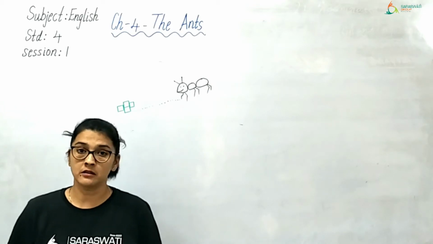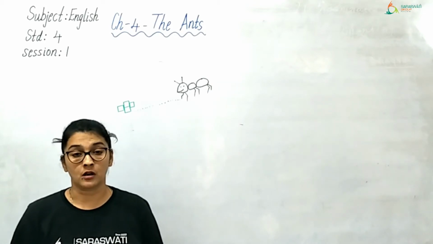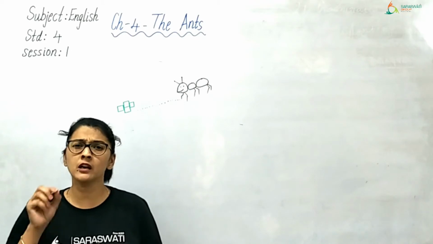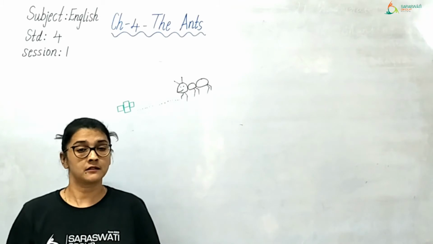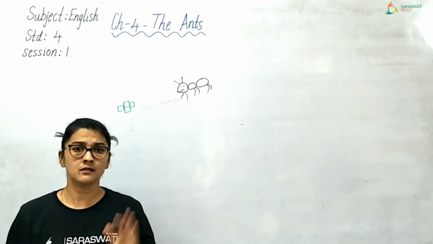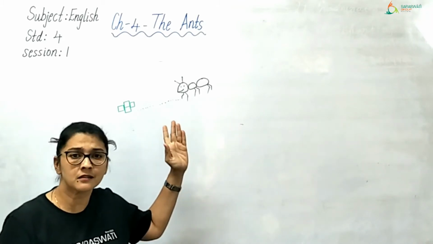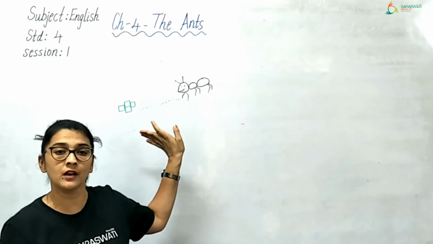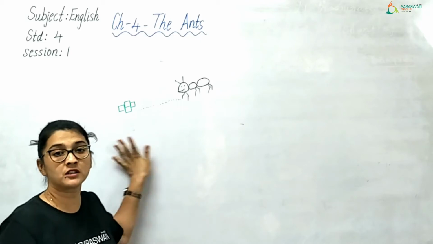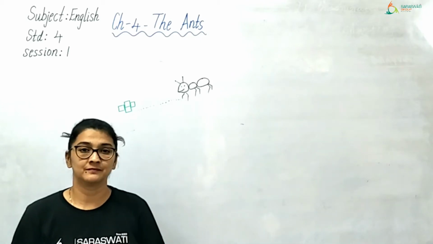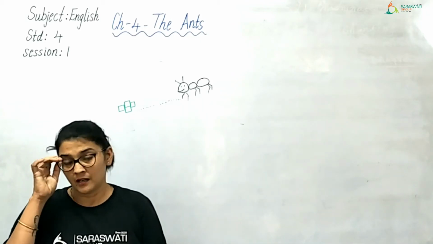In today's session, we are going to talk about a very tiny insect whose name is ant. Yes, as you can see, ant. It is going somewhere. Where? It is going towards the sugar cubes. Okay?